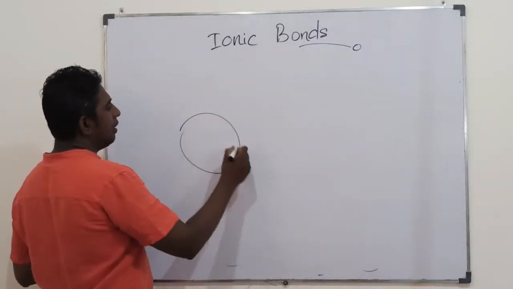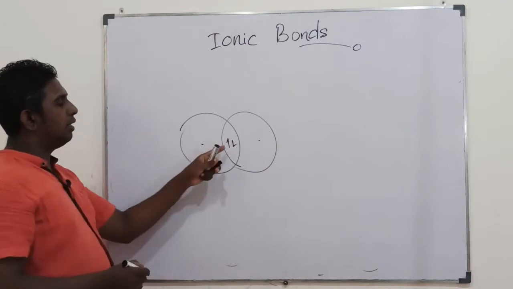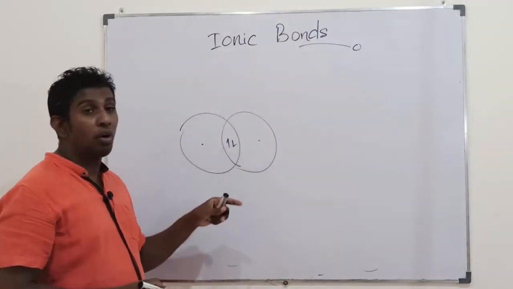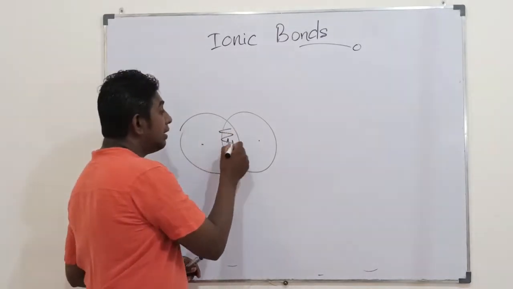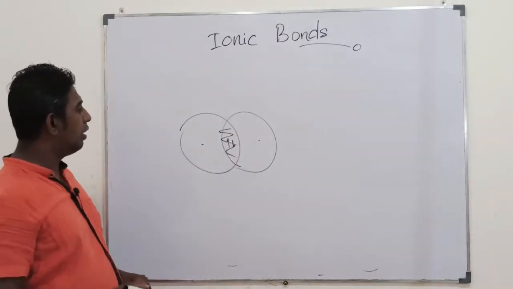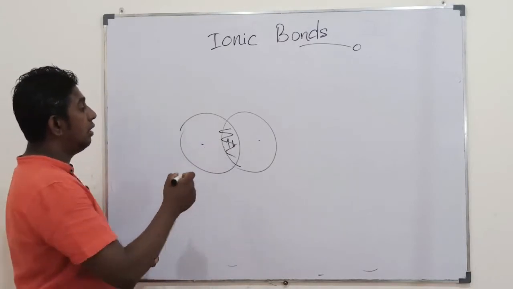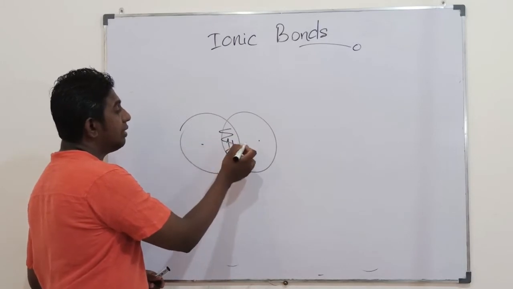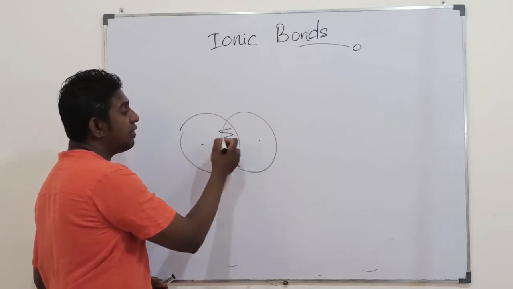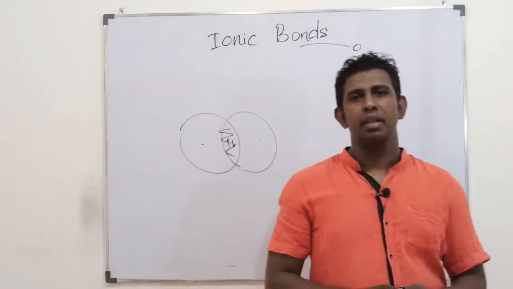A molecular orbital is formed by overlapping atomic orbitals. The electrons in the molecular orbital would attract this nucleus as well as this nucleus. So that's the covalent bonding.